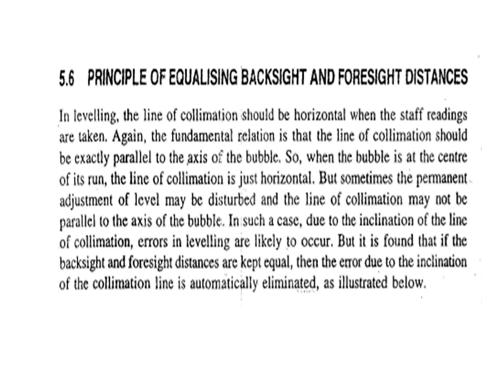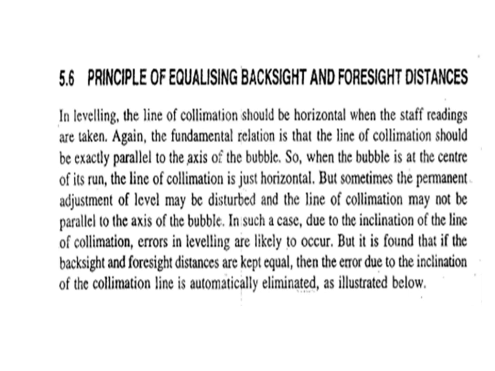So in this slide we are going to see what is the principle of equalizing backsight and foresight. In leveling, the line of collimation should be horizontal when the staff readings are taken. Again, the fundamental relation is that the line of collimation should be exactly parallel to the axis of the bubble. So when the bubble is at the center of its run, the line of collimation is just horizontal.